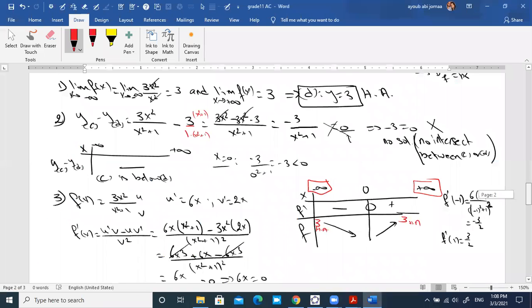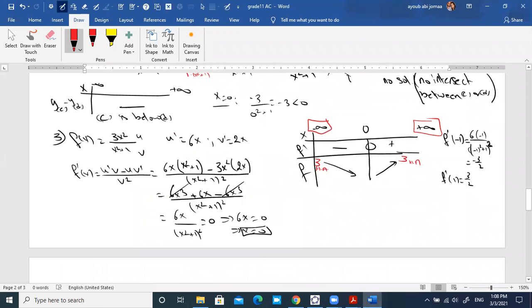How to find the value of this minimum? You replace x by 0. Where? In the function f. Please don't replace in f prime. Don't make this mistake. You replace in f because you are finding the minimum of f. f of 0 is 3 times 0 squared over 0 squared plus 1, which is equal to 0.